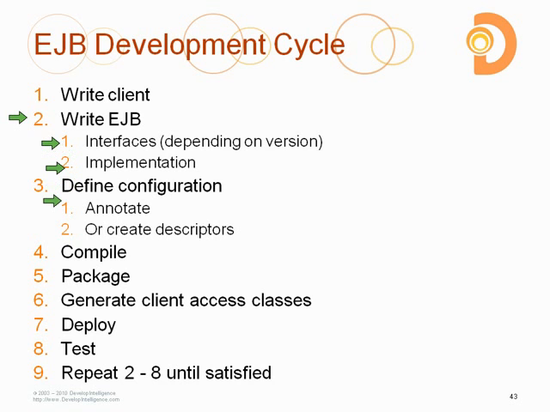I'm going to configure my EJB primarily using annotations. I'm going to compile. Everybody knows how to compile with javac. I'm going to package, throw everything in an EJB-jar file, and then I'm going to generate the client access classes. What that means is that if I have a remote EJB, I need to take the business interface, place it in what's commonly known as a client jar, and make that client jar available to the client.